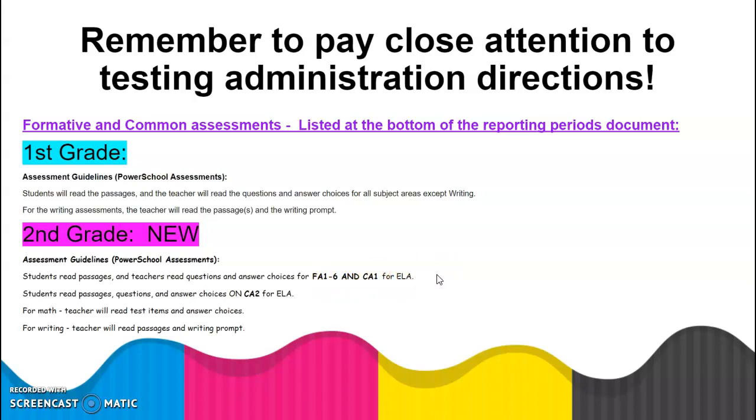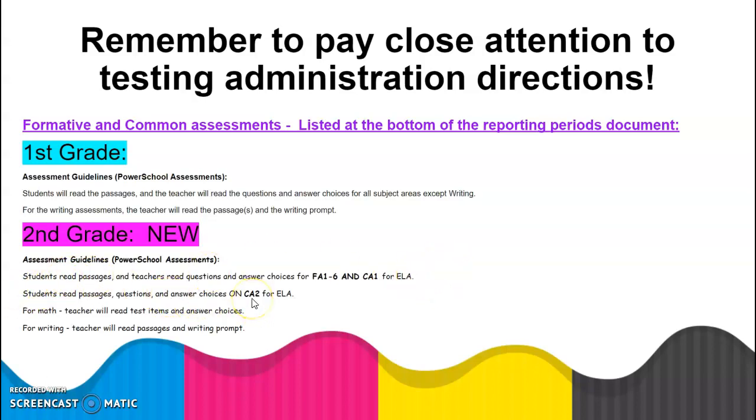So that would have been an indication that this common right here would be the first common that students would be taking the entire test on their own. And we don't want that. So we want these formatives and the first common to follow this protocol listed here.